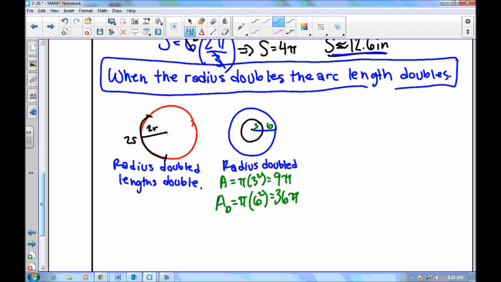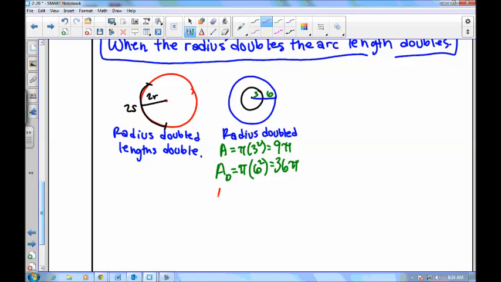Instead, what do the areas do? Yep, that's exactly right. Can you say that louder, please? Quadruple. 9 times 4, is that 36? Yes. So that's off of our scale factor with area.